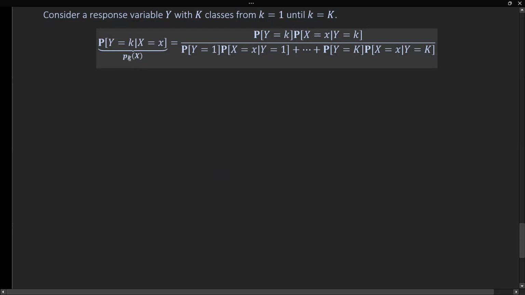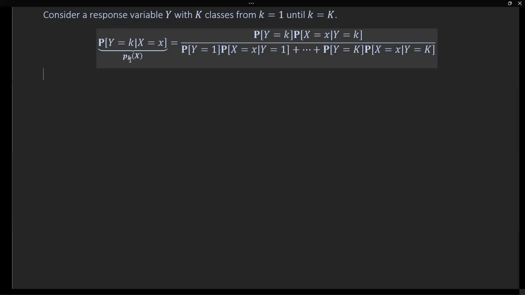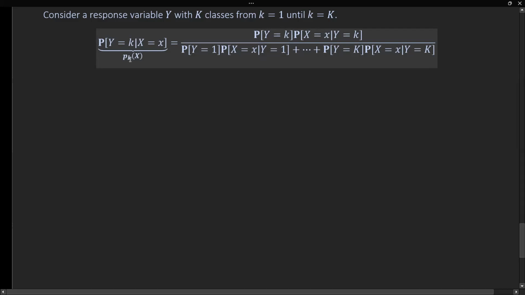that the response, so for example, the patient's, so singular, right? The patient's illness is illness K, given what we know about the patient, maybe their age profile, maybe their symptoms.